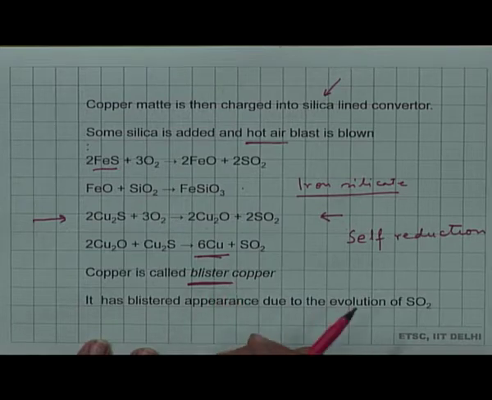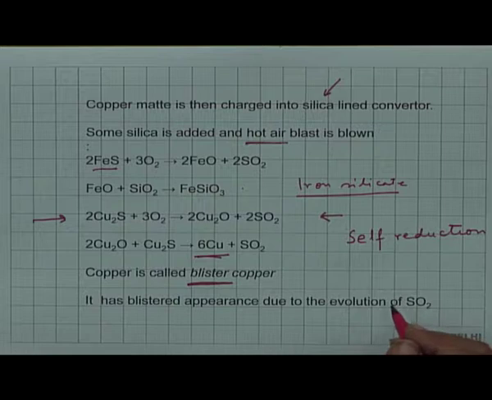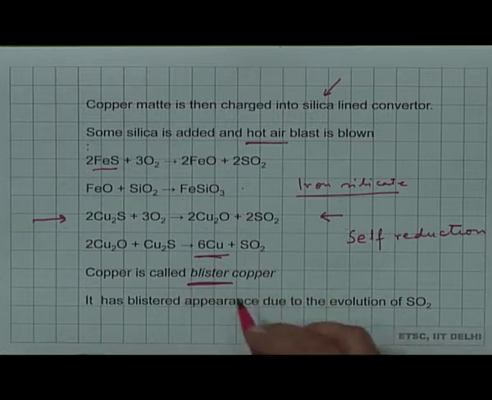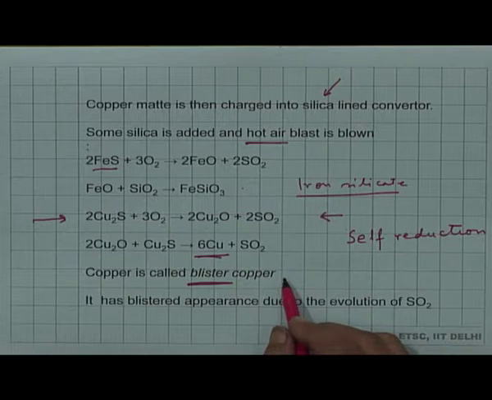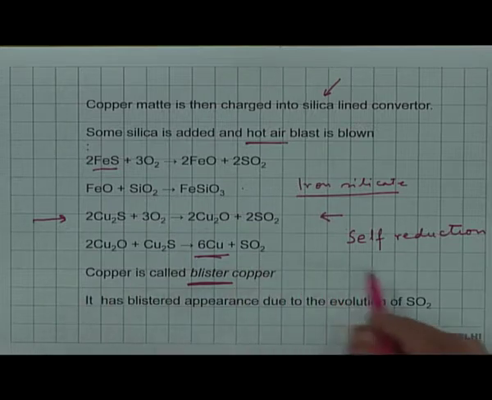They are just like when our skin burns, the blisters are formed. So, similar to those blisters, blisters are formed on the copper surface, and this has led us to give the name blister copper to the copper obtained in this process.